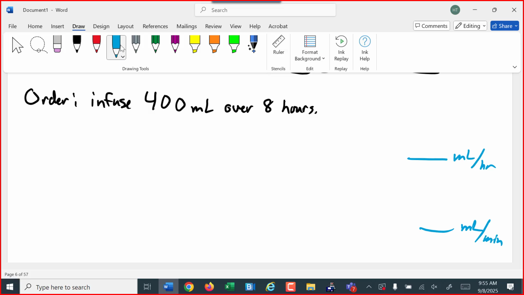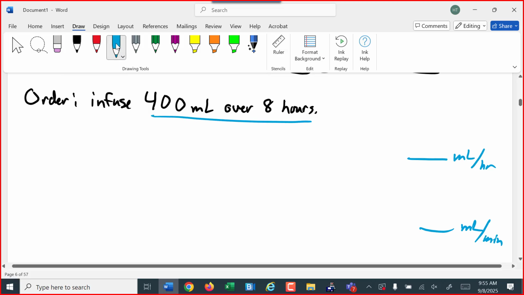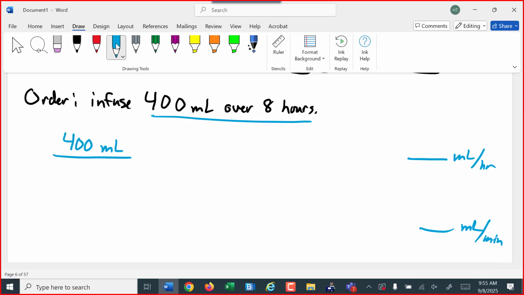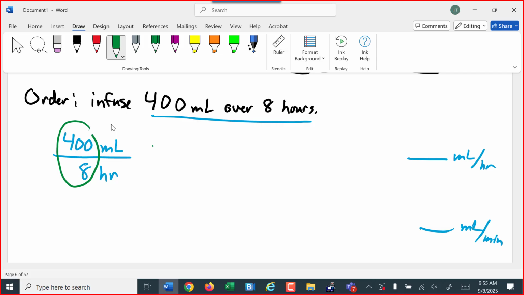So I simply start out with the doctor's order and turn it into a rate: 400 milliliters over 8 hours. To put it in milliliters per hour, all I have to do is divide this out, reduce it. 400 divided by 8 is 50. Milliliters divided by hours is milliliters per hour.